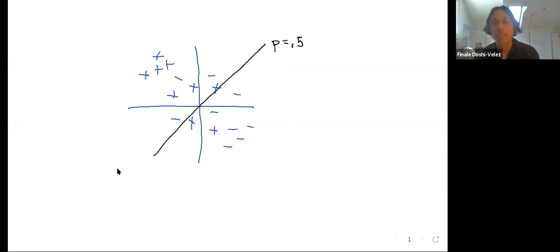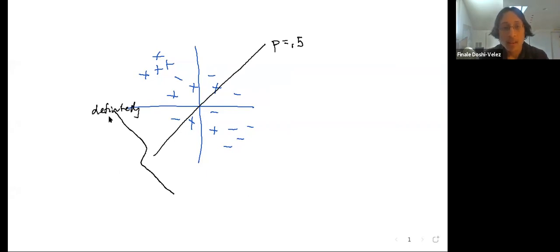So logistic regression gives us maybe this is the p equals 0.5 boundary. Basically there's going to be this sigmoid that goes along this diagonal that says definitely a plus, and down here is definitely minus. And then we have this probability curve over here. So this is maybe the 0.5.